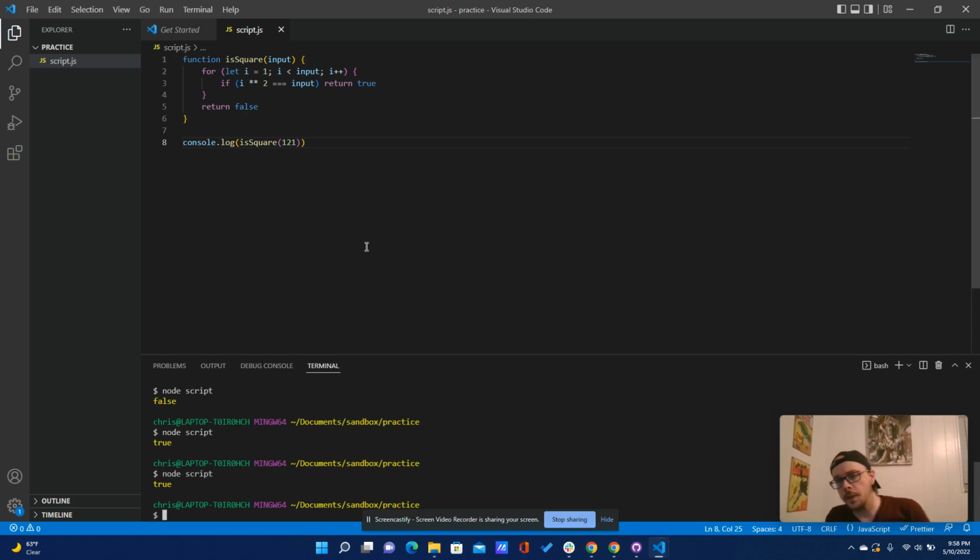Of course, there's faster ways to do this. Obviously, you could just run a square root function and see if it, right, you could just say, return something like Math.floor of the square root of input equals the square root.